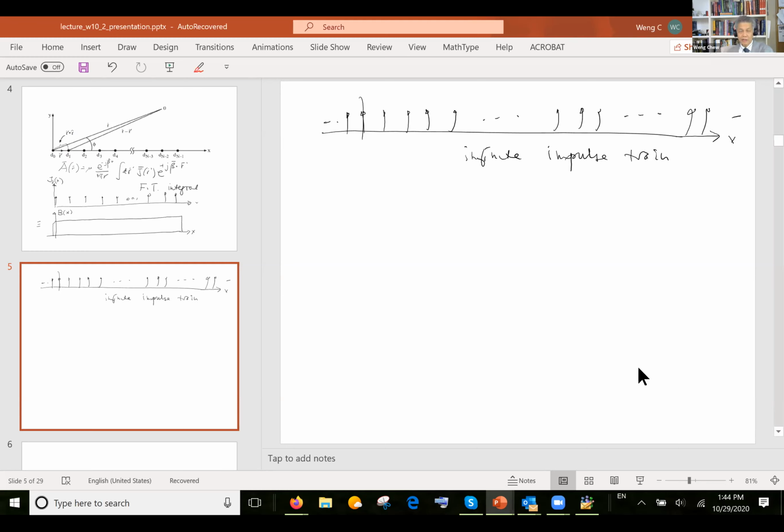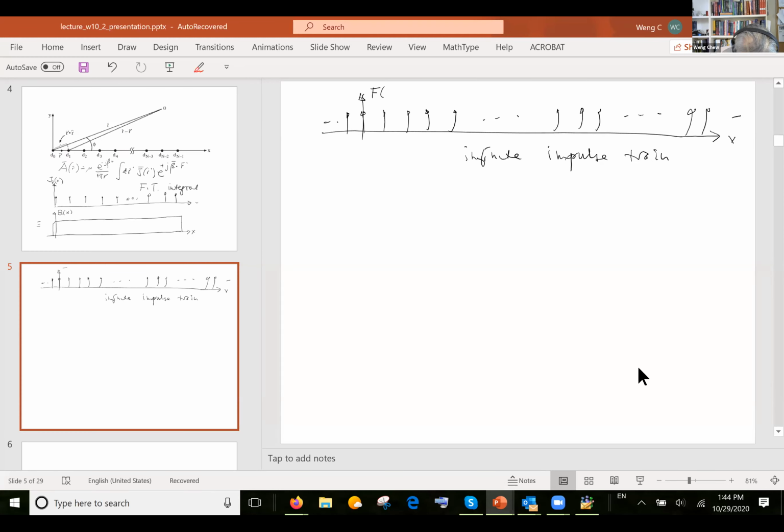Okay, there's one thing that you should know very well in signal processing. If you do not know that knowledge, you should remember it now. What is the Fourier transform of an infinite impulse train? Infinite impulse train here means a train of impulses that repeat themselves. Okay, what is the Fourier transform of this? Does anybody know?